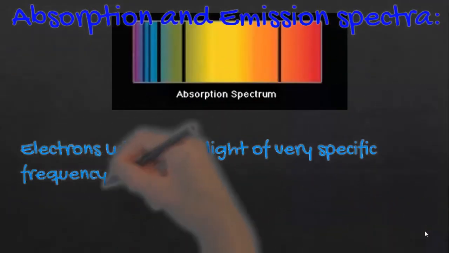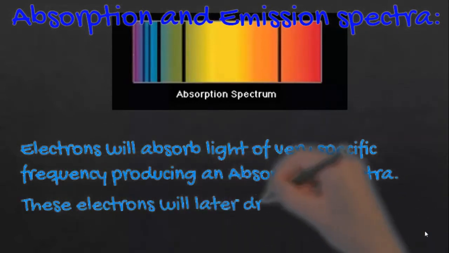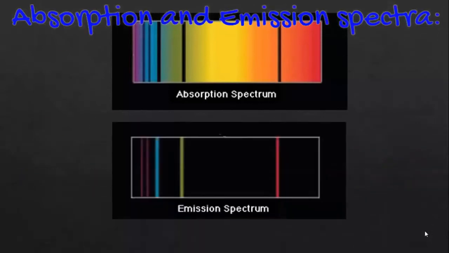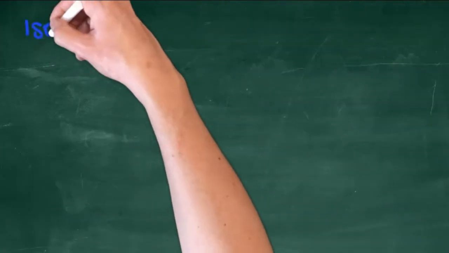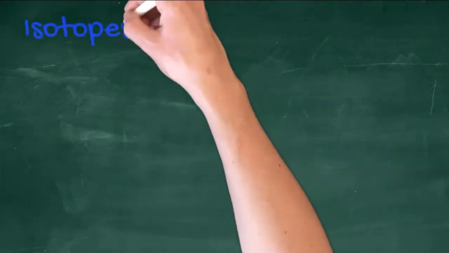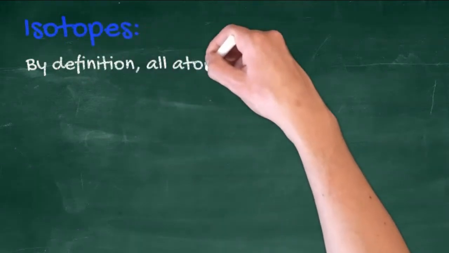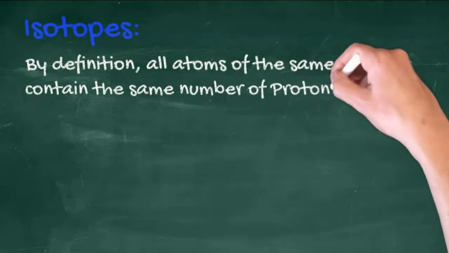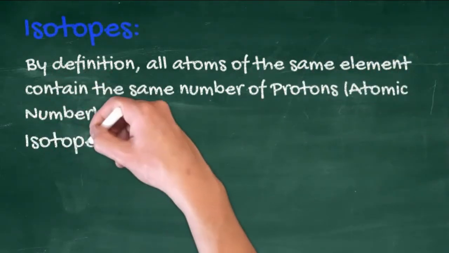Electrons will absorb light of very specific frequencies, giving an absorption spectra, and then they'll fall down a shell level and give off light of another specific frequency. By definition, all atoms of the same element contain the same number of protons. That's the atomic number.